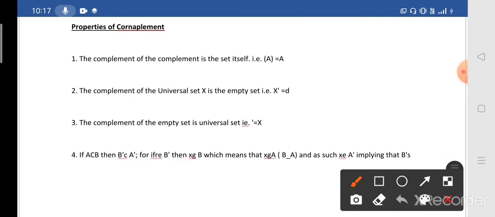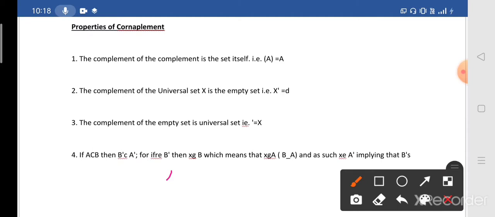If x belongs to B dash, then x does not belong to B, which means x does not belong to A, as such x belongs to A dash. This implies that B dash is a subset of A dash.